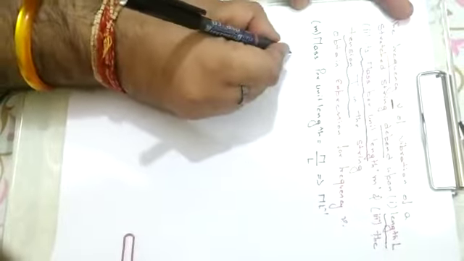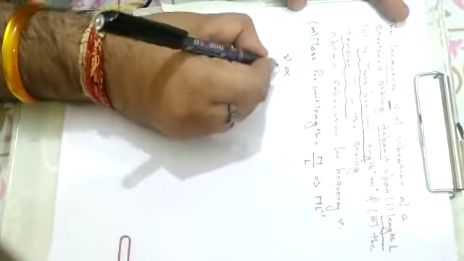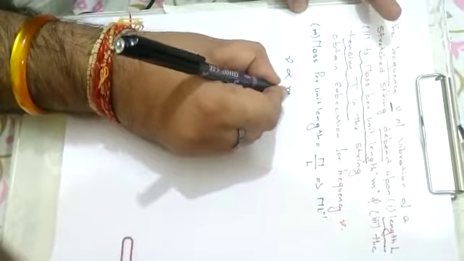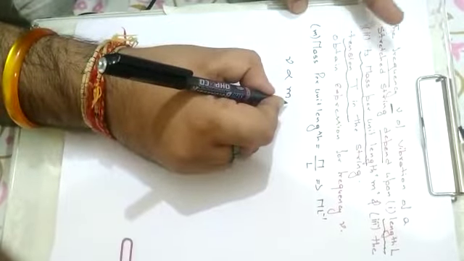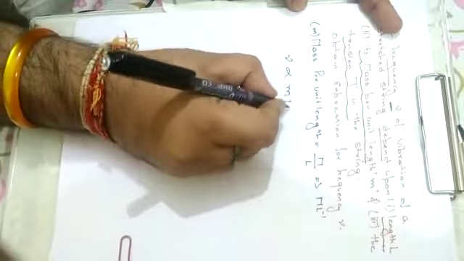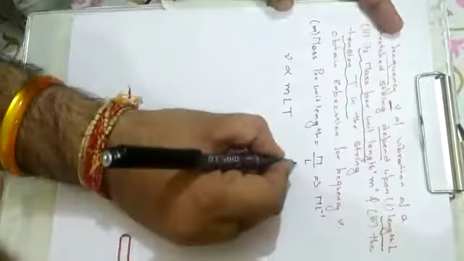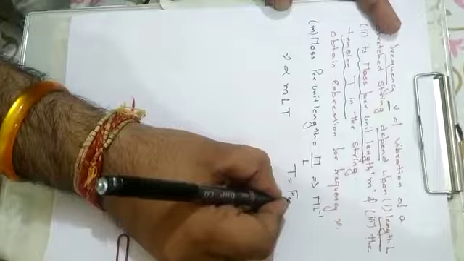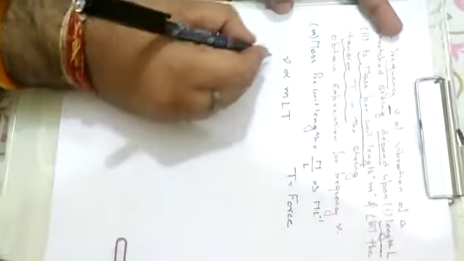Now first step, frequency nu depends on mass per unit length m, length L, and tension T. Tension T has the same dimension as that of force.